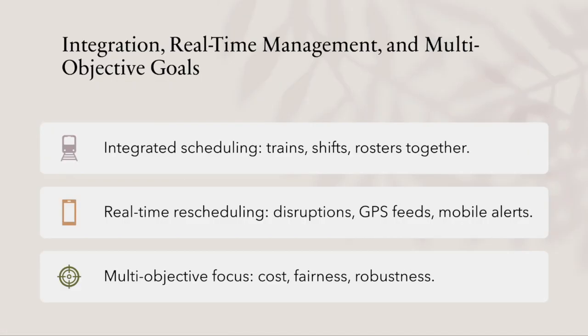And there is one more method called integrated scheduling, which is used to coordinate the entire system. Instead of treating the crew scheduling, the train timetable, and the roster separately, Amtrak uses integrated scheduling to optimize all these elements as a unified system. This approach improves efficiency, and that is what every operator needs, right?